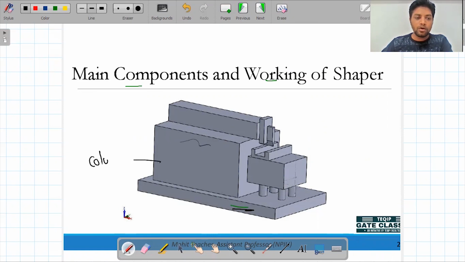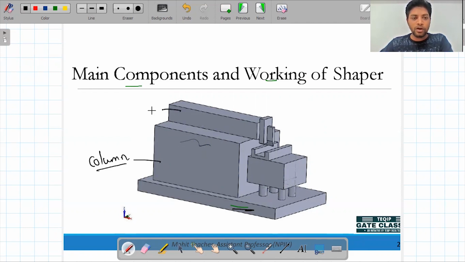Now it's clear to you, as we have studied the past three machines, that the column is the part of the machine on which the gear assembly, the input unit or electrical assembly, and the spindle are mounted. So whatever mechanism we are using, we mount it over here.